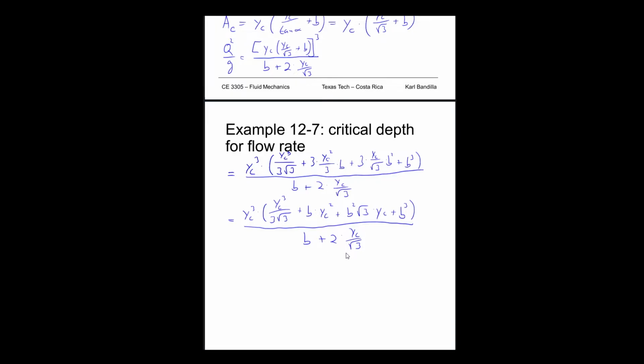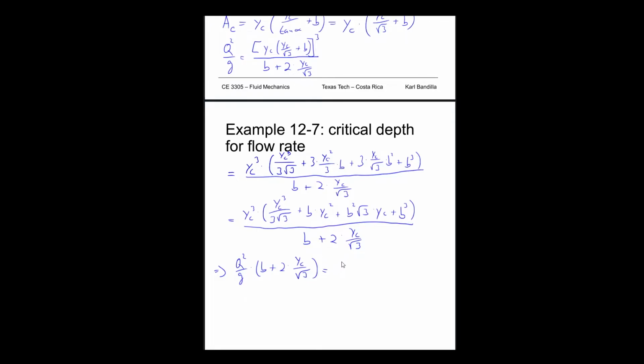All right, so if we want to solve this, we'll have to get the yc out from the bottom there. So we can multiply this whole thing, so we'd have q squared over g times b plus 2 times yc over square root of 3 equal to all this, but let's break this one apart first because this has a yc in there too.